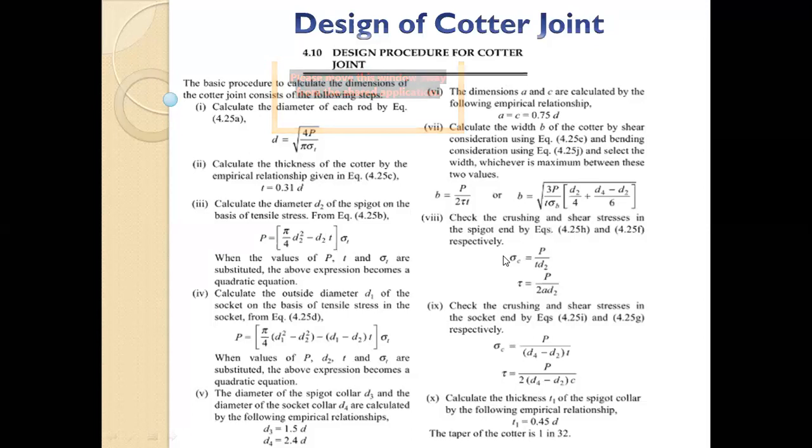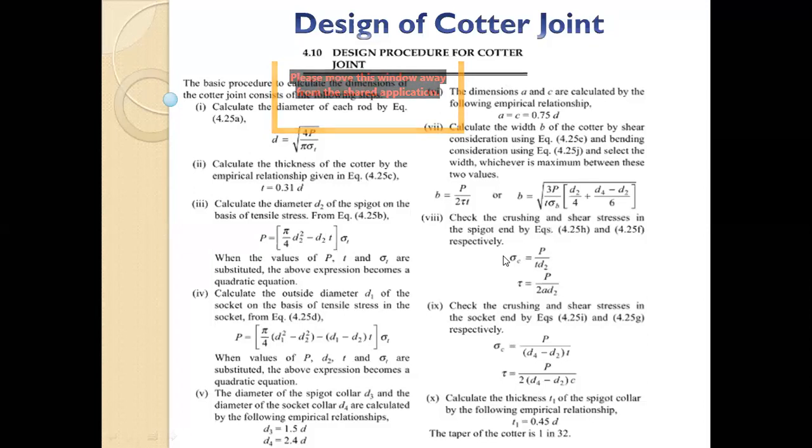Okay. Using these dimensions, we will see whether our quarter fails or not, because we have sometimes used empirical formulas. We will first check the spigot and then the socket. For the spigot, the crushing stress sigma C is P upon T D2, where D2 is the inside diameter of the spigot and T is the thickness of the socket, or thickness of the quarter.